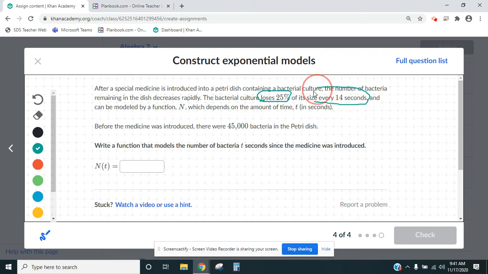Every 14 seconds. Then also you should say the start or the initial amount. Most people use the initial amount is 45,000. So I kind of hinted at this earlier, but 45,000 is what we should type first.